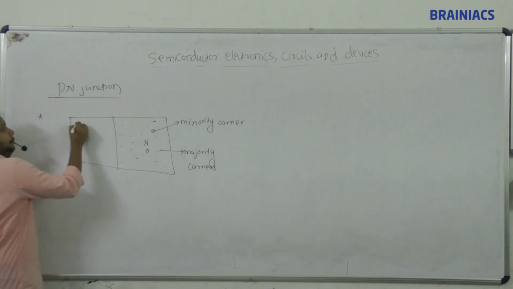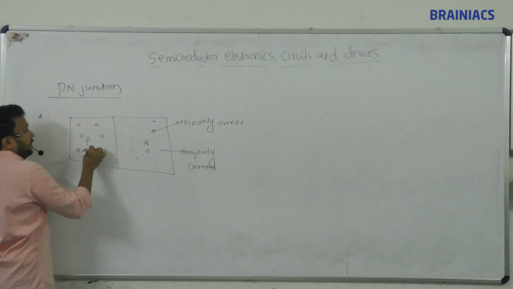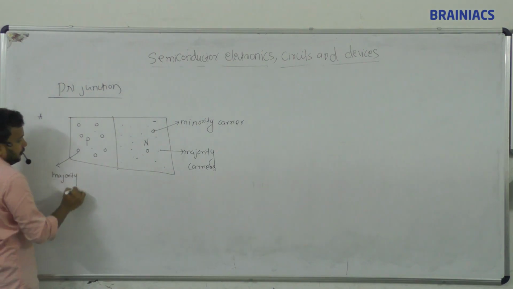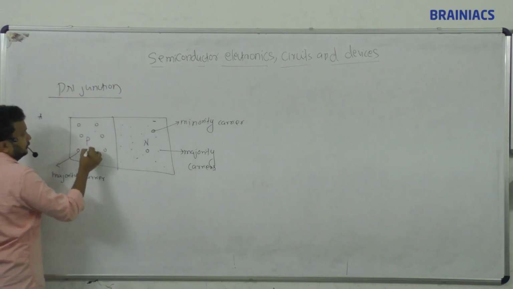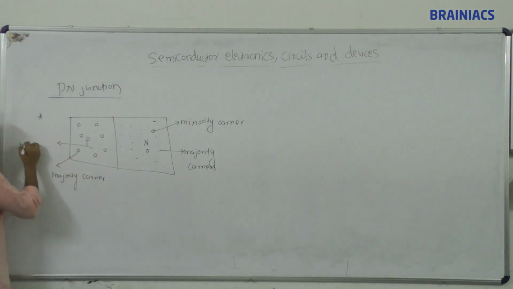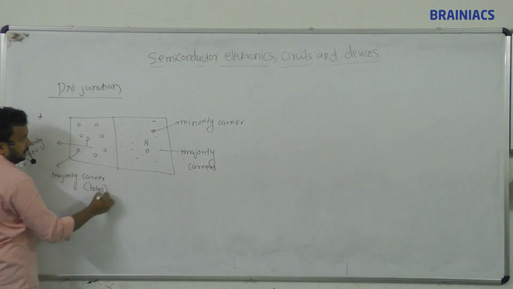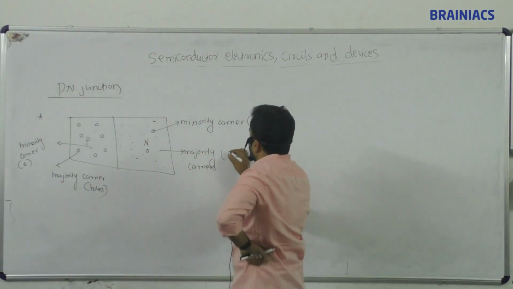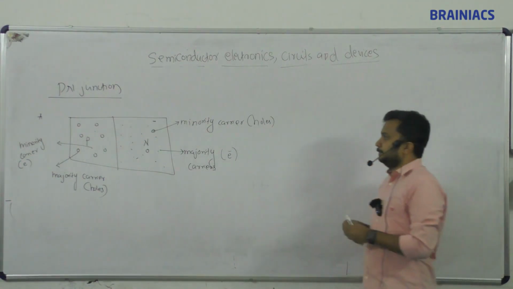On the P side, the majority carriers are holes and the minority carriers are electrons. So here minority carriers are electrons, and on the other side, holes.